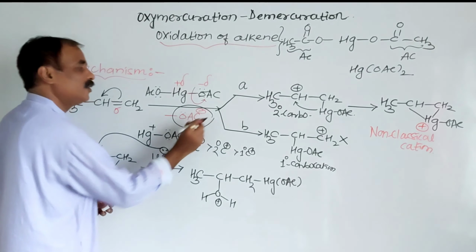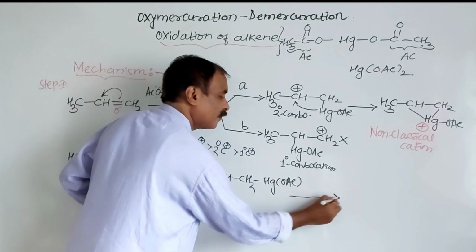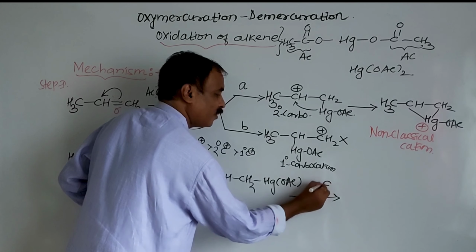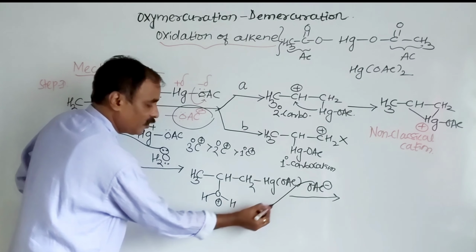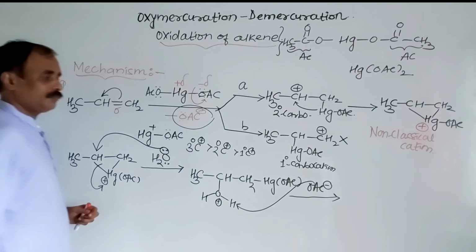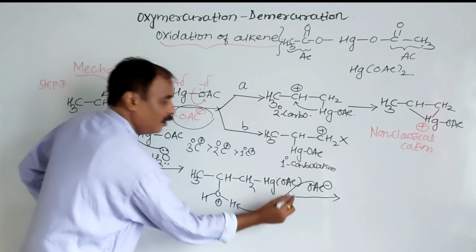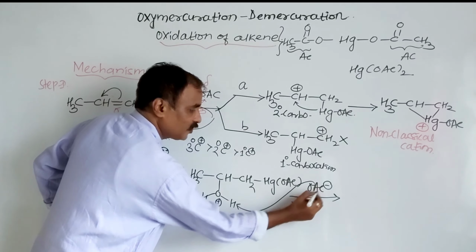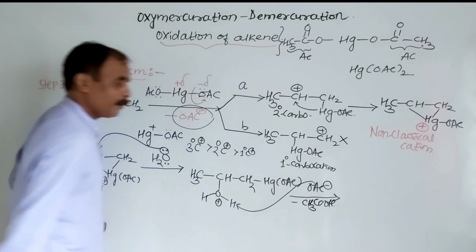Acetate ion is released. So this acetate ion, OAc minus, will take one proton from this, because this oxygen is electron deficient. So here there is the formation of what? Acetic acid. Here acetic acid gets released.